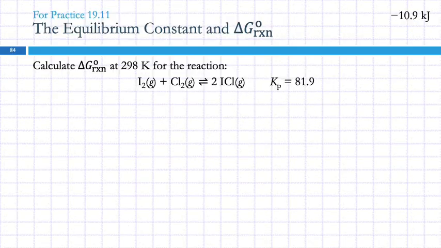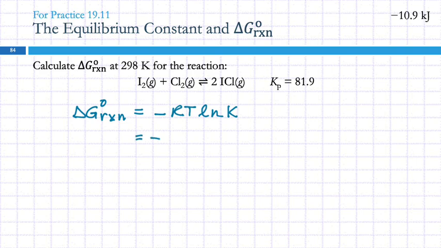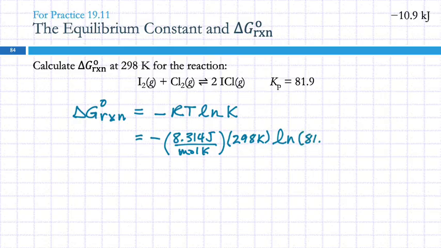So we're using that equation, delta G0 for the reaction is equal to negative RT natural log of K. So we're going to have negative, and the ideal gas constant, 8.314 joules per mole Kelvin, and the temperature given, 298 Kelvin. Natural log of K, and K here is 81.9.